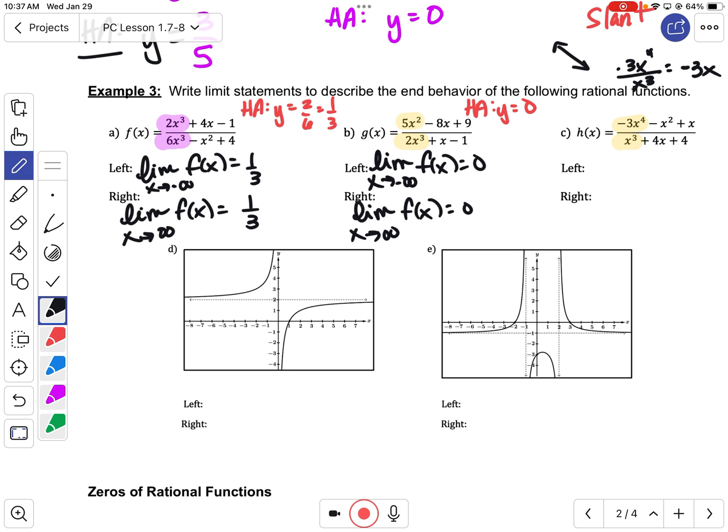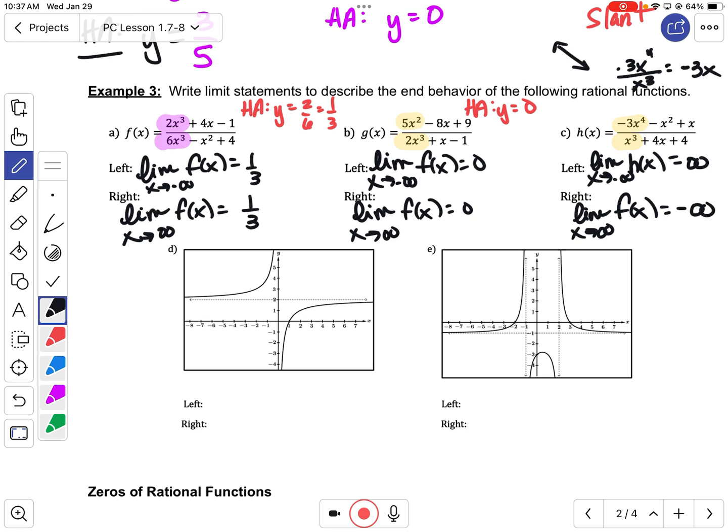So when that happens, my end behavior matches the end behavior of that quotient. The limit as x approaches negative infinity of h of x, which way does it point on the left? On the left, it points up, because I've got negative slope. And on the right, the limit as x approaches positive infinity of h of x would be negative infinity.